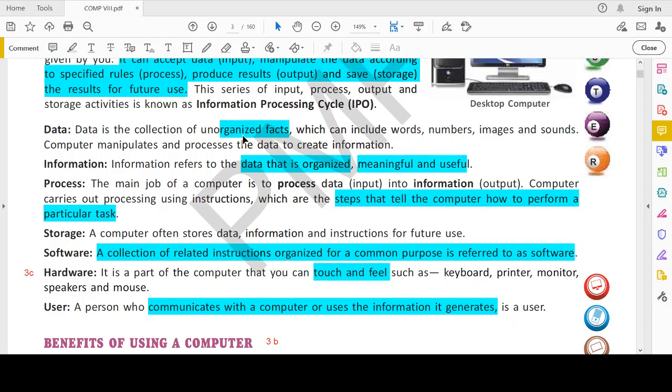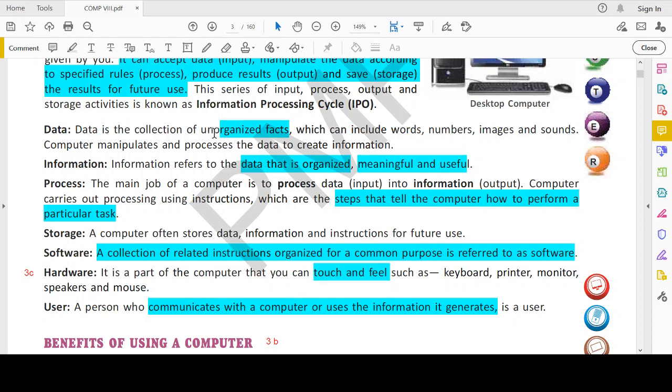But when we organize the data, when we have a complete collection of data, that is a record of the person, that is a complete record, the address of the person, the phone number, the age, everything related to him, then we get complete information about the person.